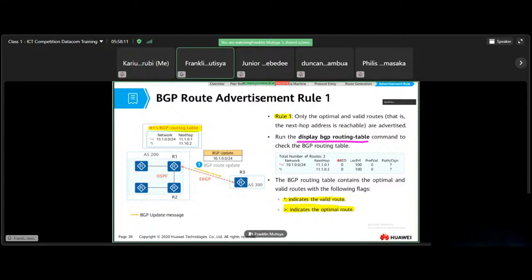So only the optimal and valid routes of the next hop address are advertised. To display the routing table, we use the command display bgp routing-table. The command checks and displays the BGP routing table.